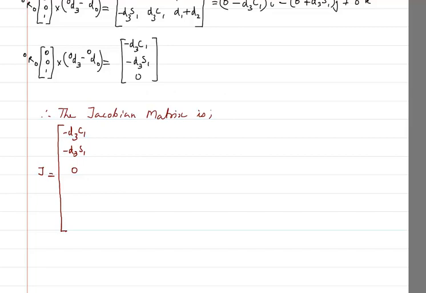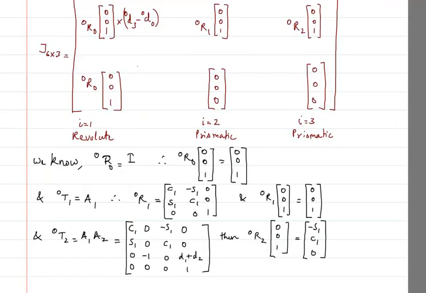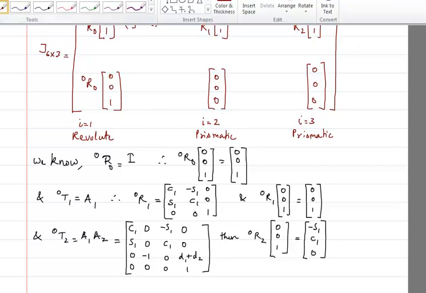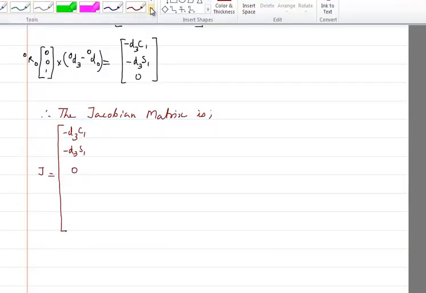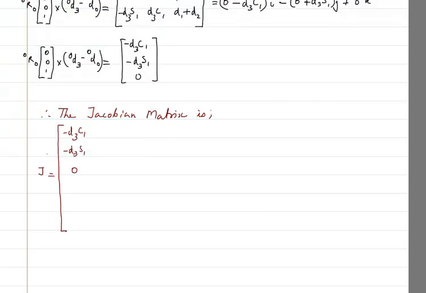And the second portion that I have to see is the bottom portion, which I have already calculated here, so it is 0 0. Which one am I talking about? This portion I have already calculated here, so it is 0 0 1. So let me write that. It will be 0 0 1.